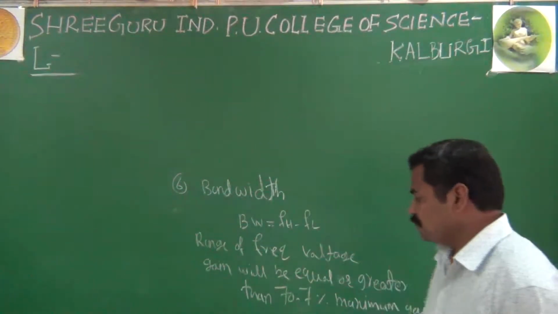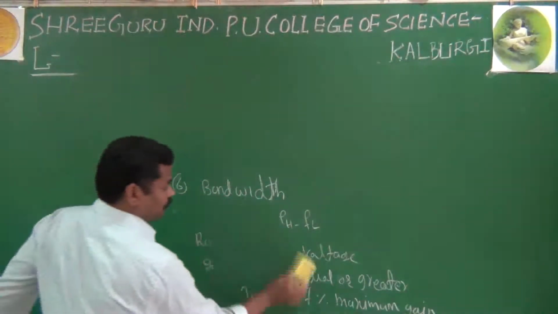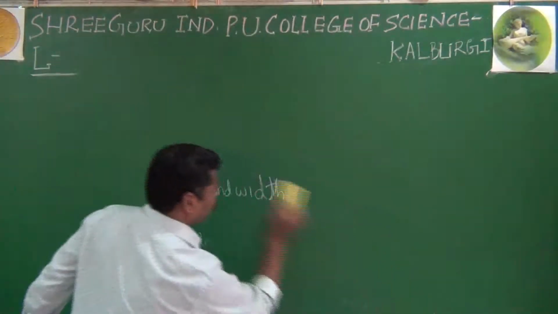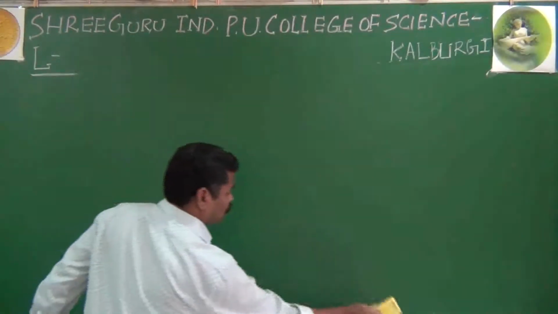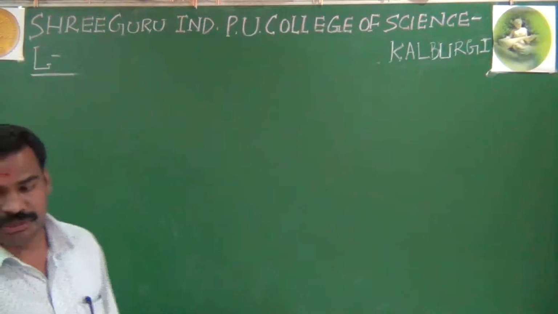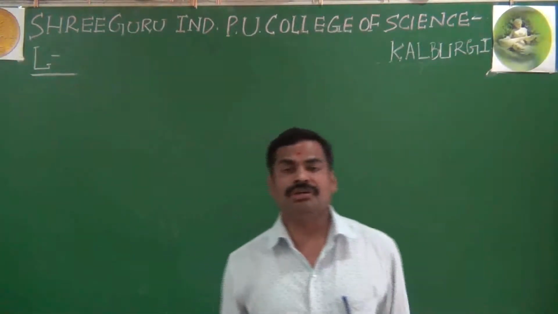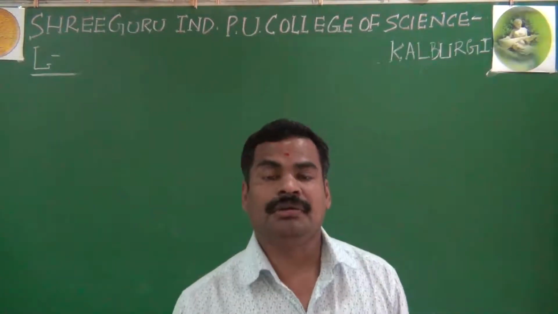Now we'll go for another most important thing: how to measure gain, or what is the unit of gain. You have studied different types of gains. It may be the voltage gain, power gain, or current gain.